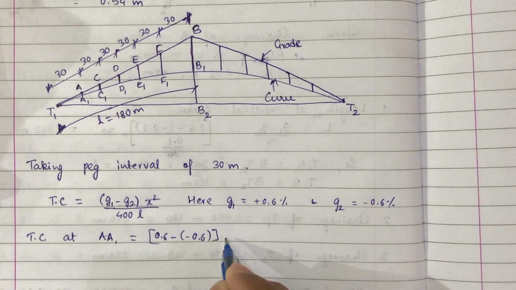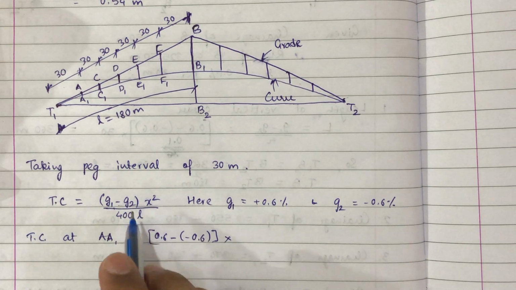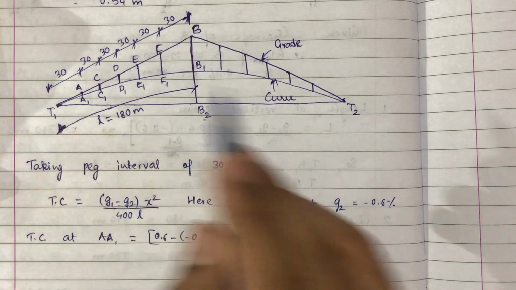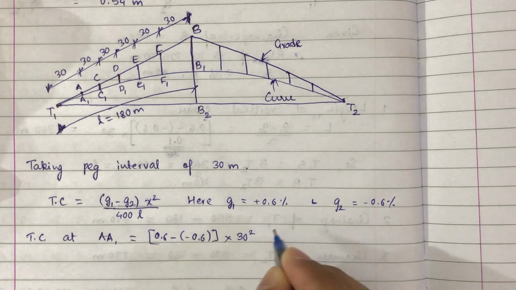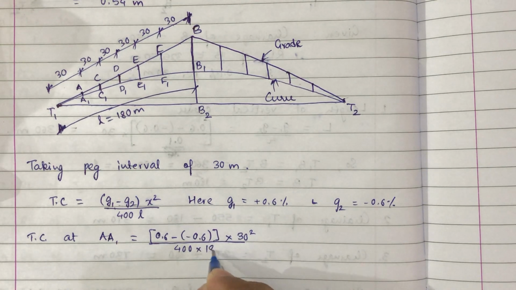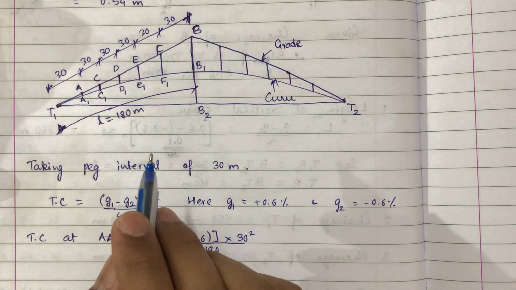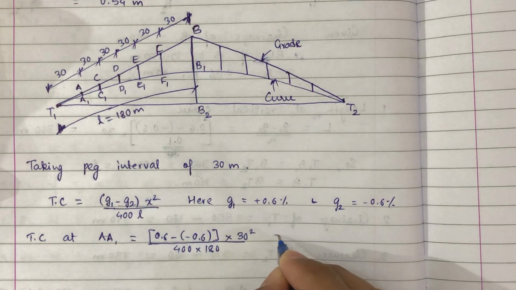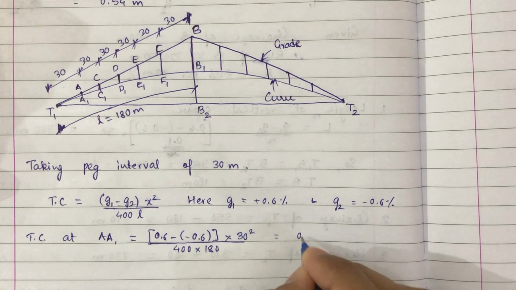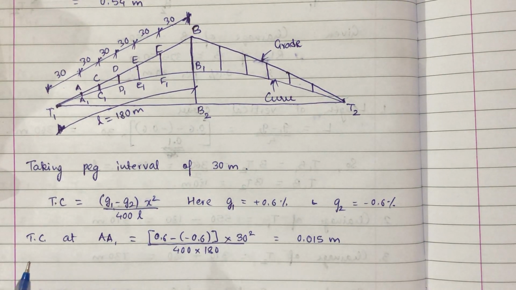This is multiplied by x, which is a distance of 30 meter from T1. So this will be 30 square divided by 400 into 180, because L is 180. So the value at A A1 comes out to 0.015 meter. This is the tangent correction at A A1.